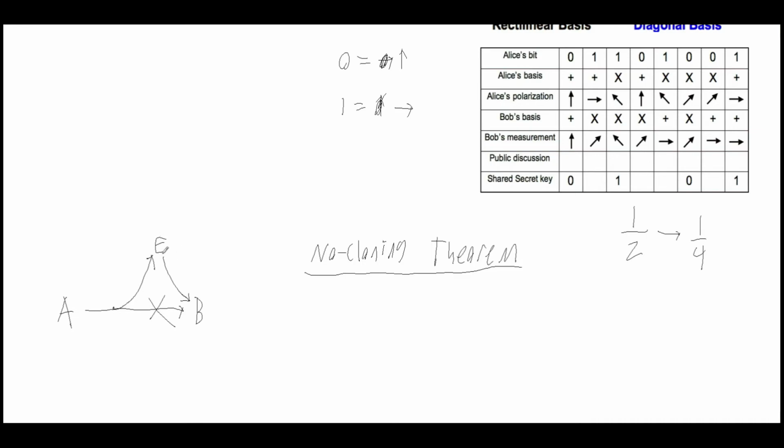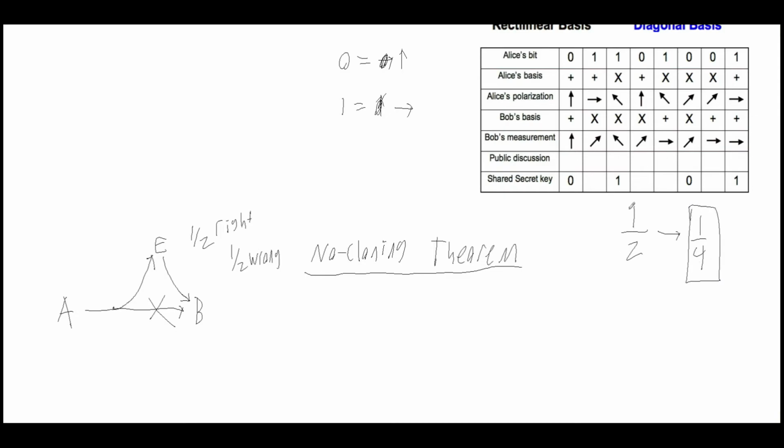clone the state of the photon. So they'll just be sending one that could be right half the time, and wrong half the time. And so that one half, as I said, is reduced down to 1/4.